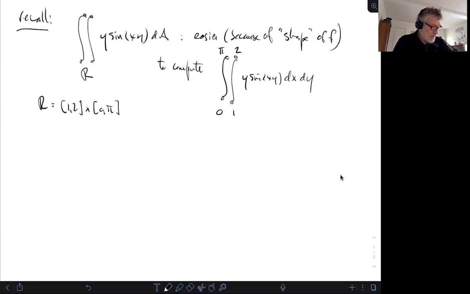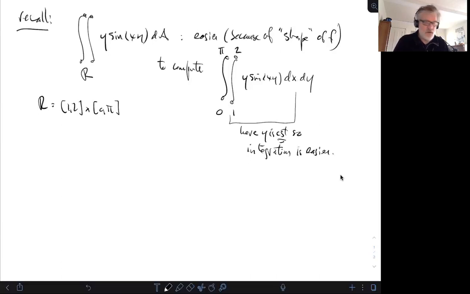The reason being that if you look at the inside integral, which is always the first one that you're going to do, here y is a constant, so integration is easier. If you try it in the other direction, you have to use integration by parts, and in the second integral it also gets messy. So in this direction, this is easier.